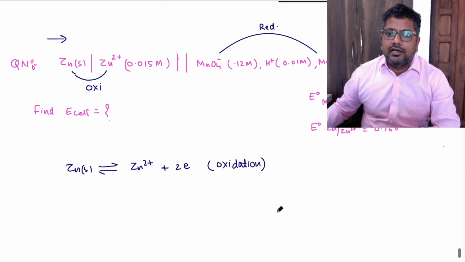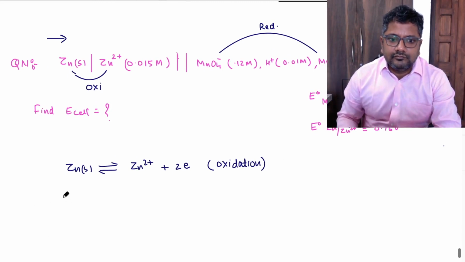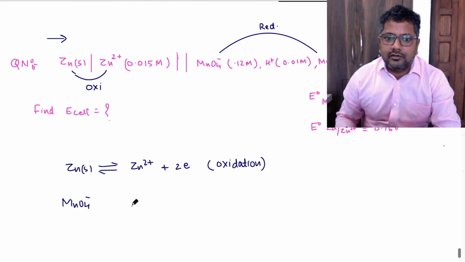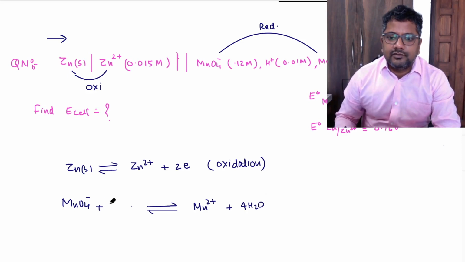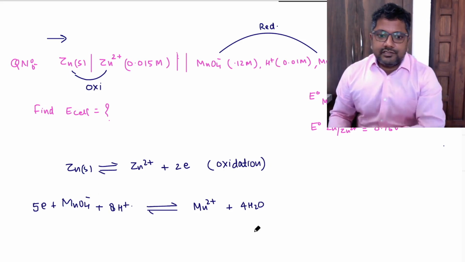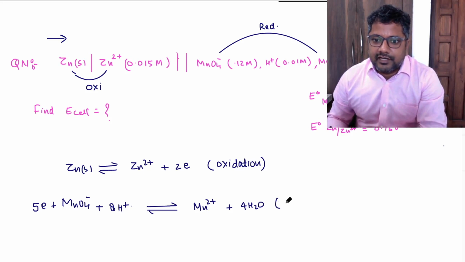And here MnO4- plus 8H+ plus 5 electrons gives Mn2+ plus 4H2O. I think now this is balanced, so this is a reduction.